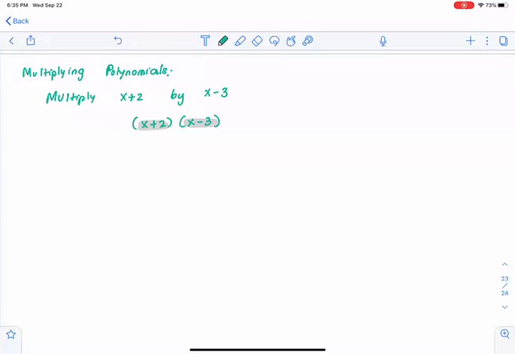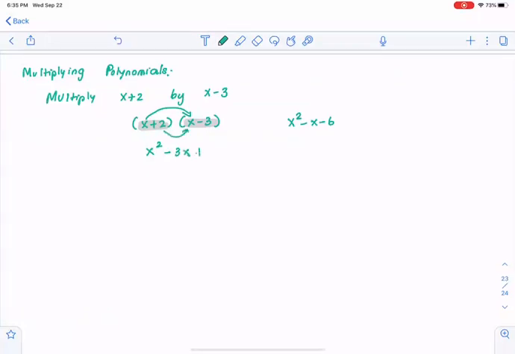If we use FOIL, the answer would be x squared minus x minus 6. Now, how do we do that? Well, x times x is x squared. The outside part, x multiplied by minus 3, will give us minus 3x.